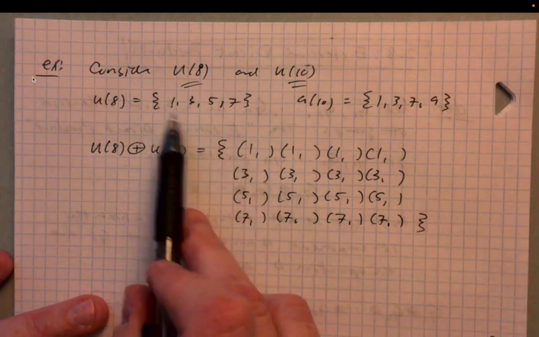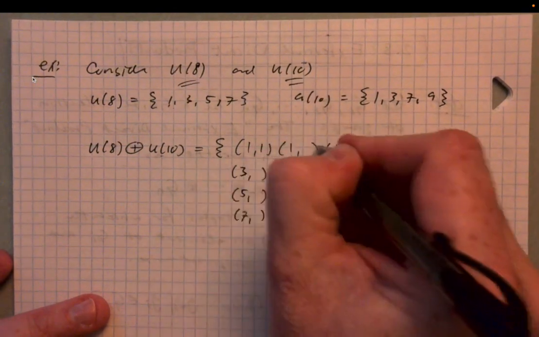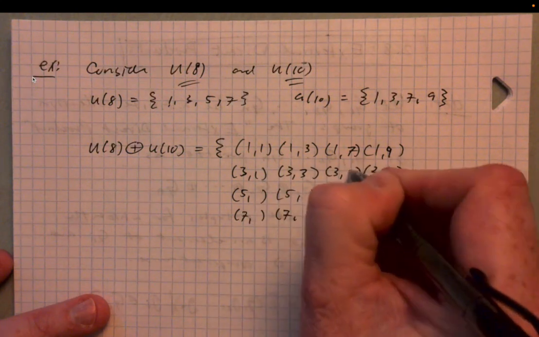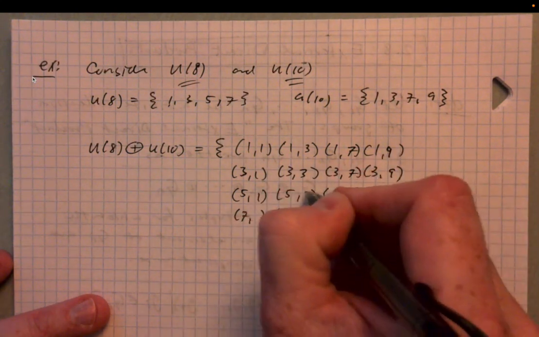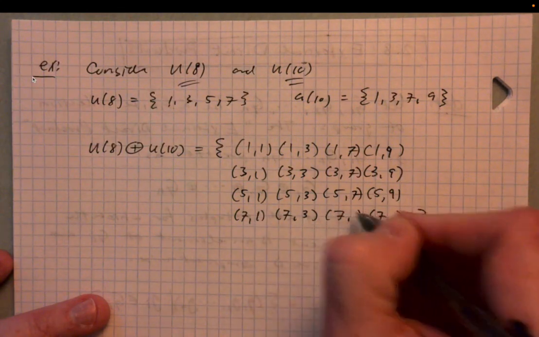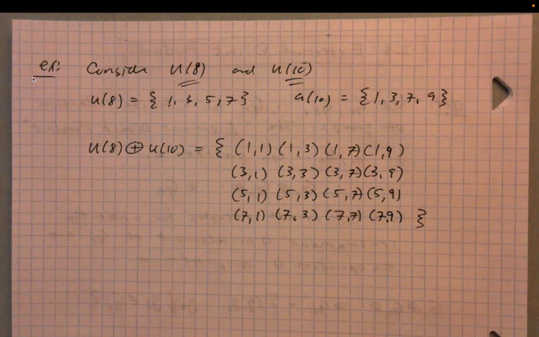The second component is going to be 1, 3, 7, and 9, just like this. So this is the external direct product of U8 and U10, and it's a group with 4, 8, 12, 16 elements in it.